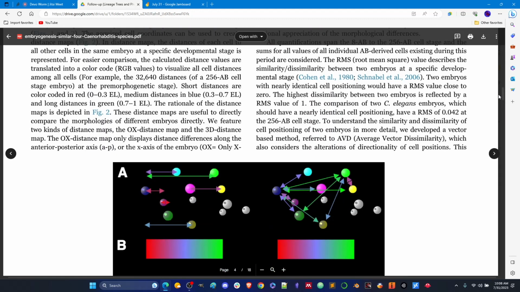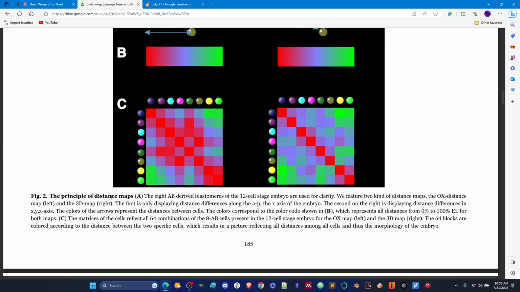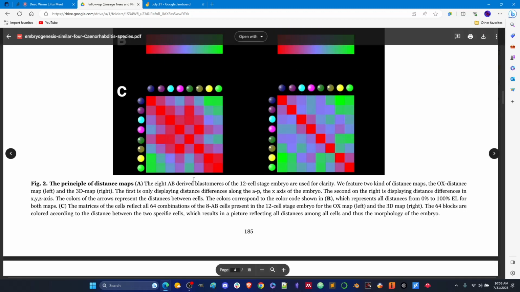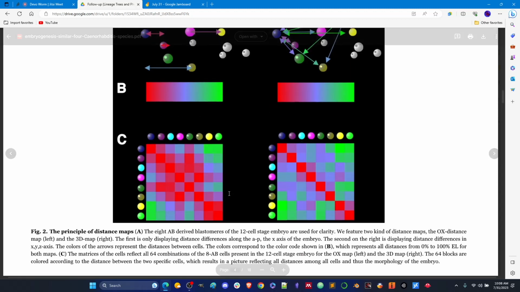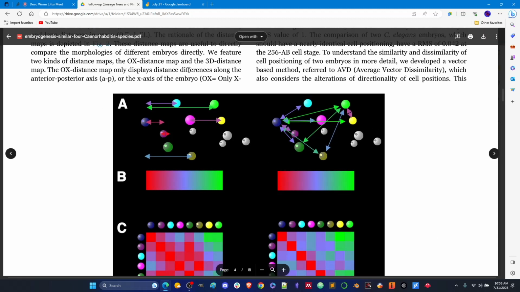Let's see. These are actually distance maps that they use for the different, yeah, so they look at the distance map, which is the distance between cells. The A panel is what they call the OX distance map, which only displays distance differences along the anterior posterior axis, or the x-axis of the embryo.